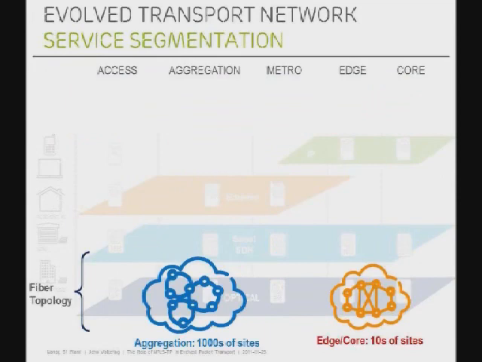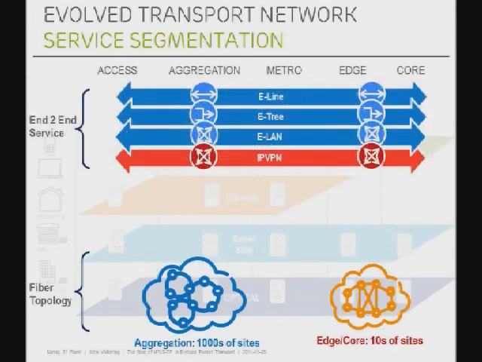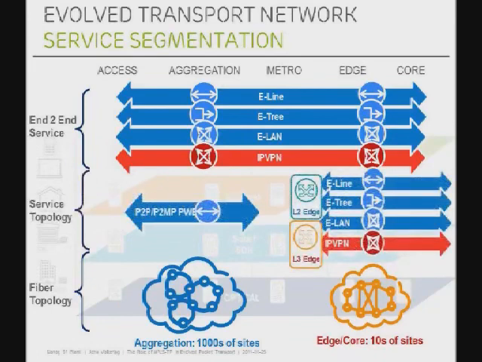So how can we build services with MPLS-TP end-to-end? I think these services are quite common. You typically would like to have an E-Line, E-LAN, E-Tree, or an IP VPN kind of transport service from somewhere in the access to somewhere in the core or to another place in the access. So having IP MPLS in the core and MPLS-TP in the transport layer, typically you terminate, for example, the IP VPN at the edge.